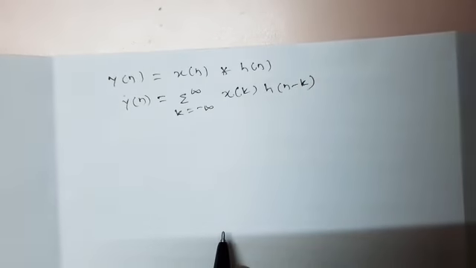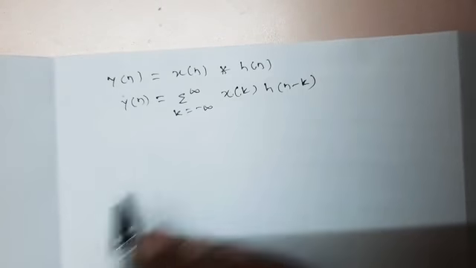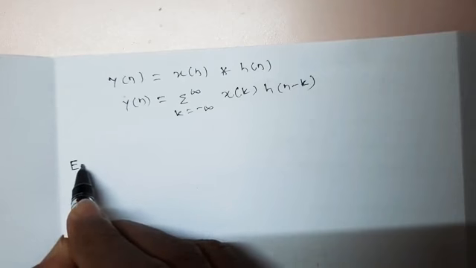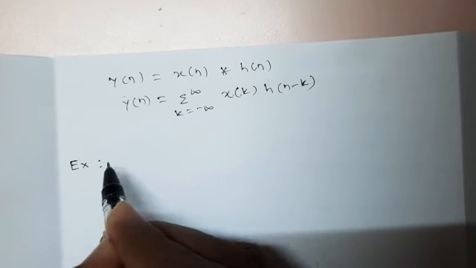So given x of n and h of n, you can find the response of the system. x of n is the input, h of n is the behavior of the LTI system. So h of n convolved with x of n produces y of n, which you can find through this equation. Next, we will go through some of the examples of finding convolution sum.